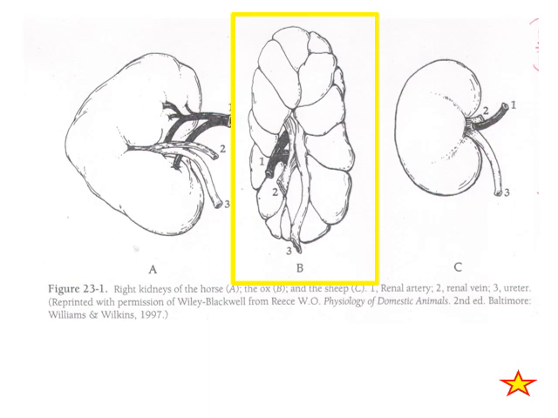And then I think it's a goat, no, sheep kidney here, which looks a lot more like ours. But again, you've got the 1 in, 2 out in each of these cases, with 1 being the artery going in, 2 the vein coming out, 3 the ureter that leads to the bladder.